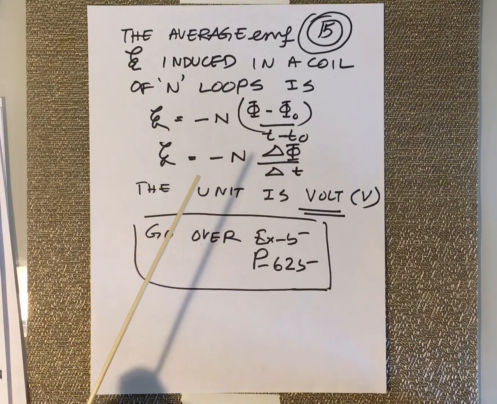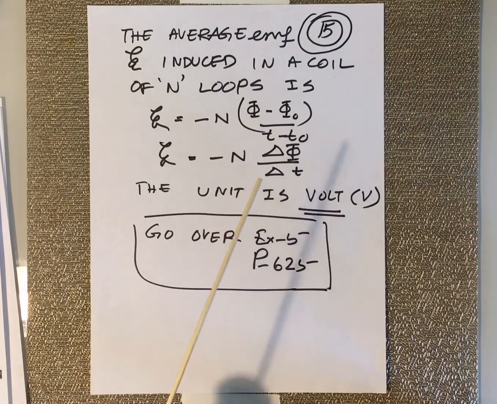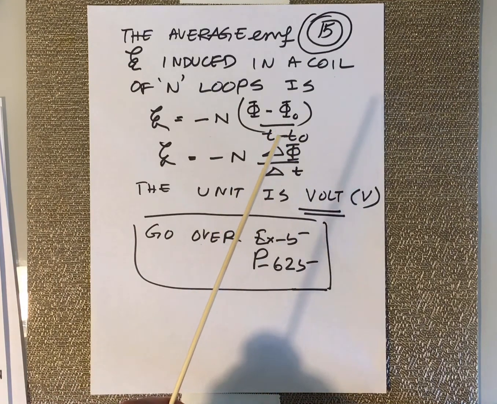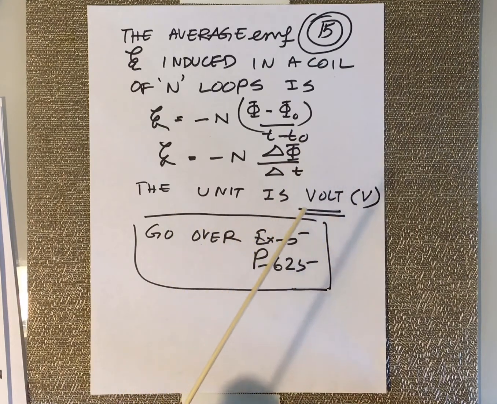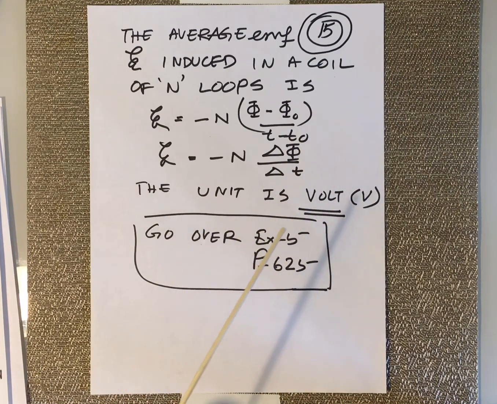Now induced EMF equals negative N delta phi over delta t. The unit is volt here. Please go over example 5, page 625.